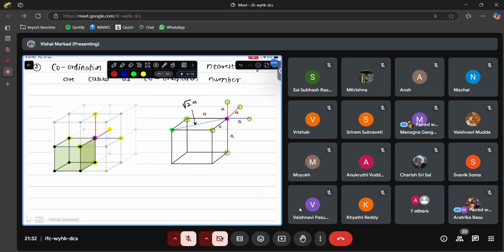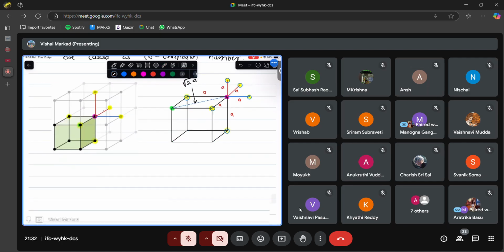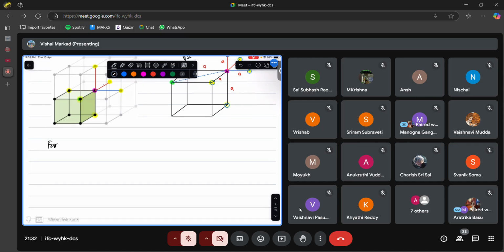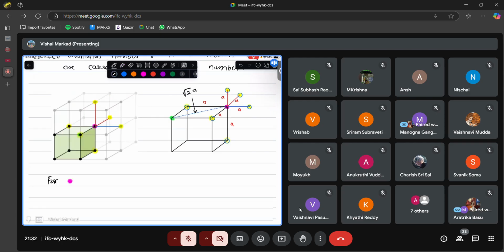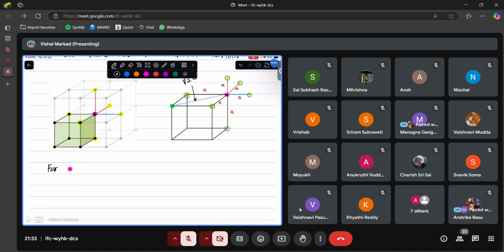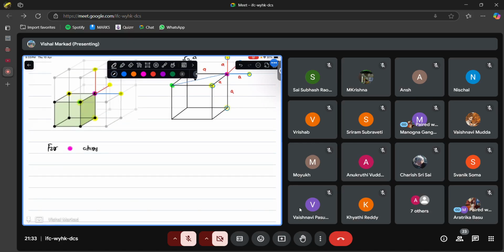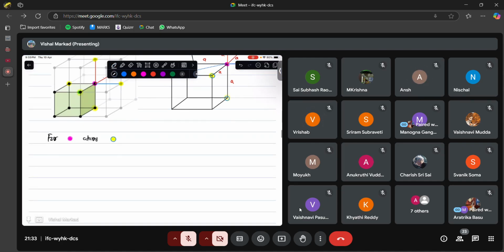Yes. Okay. Now you see here, for these pink atoms or those pairs, yellow ones are at which distance? What is the distance of yellow ones?